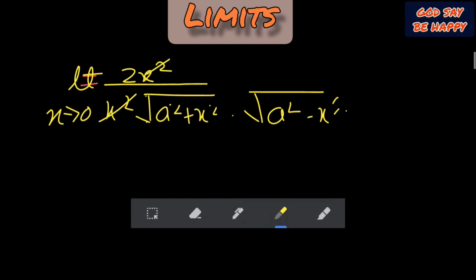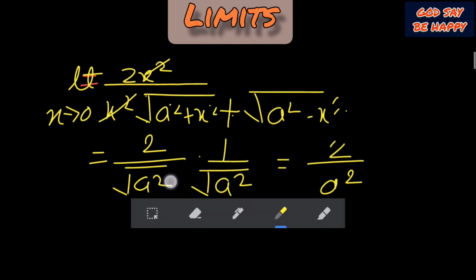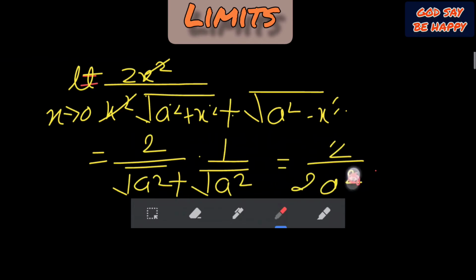If I apply limit over here, I will get root a square upon root a square. Sorry, here it will be plus: root a square plus root a square is equal to 2 root a. 2 root a, 2 cancel, 1 upon a is the answer.